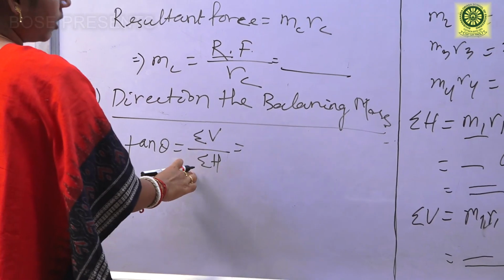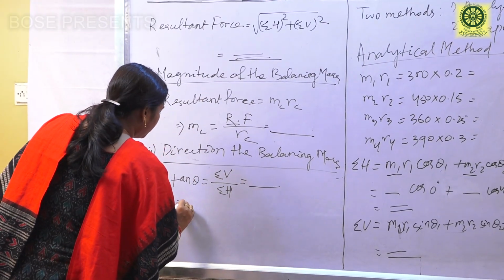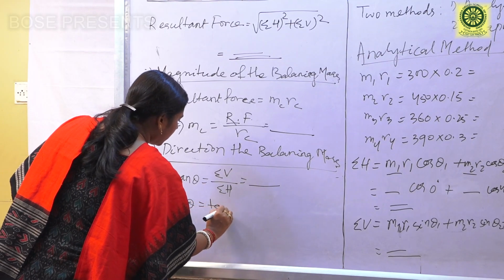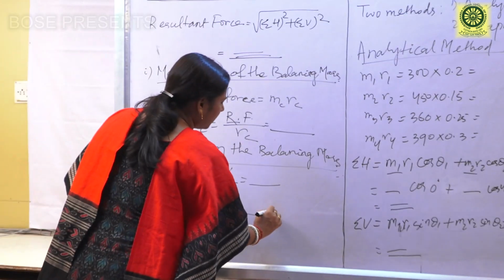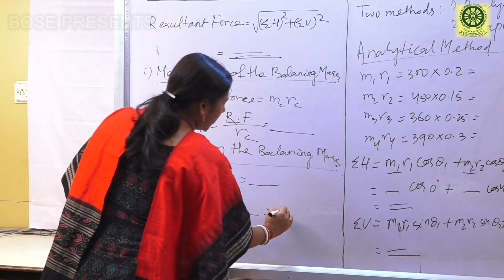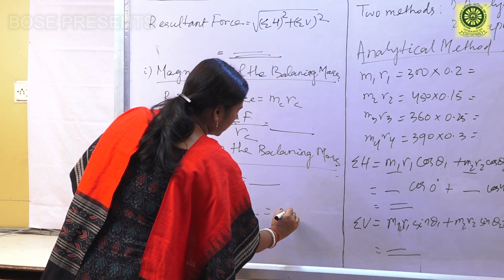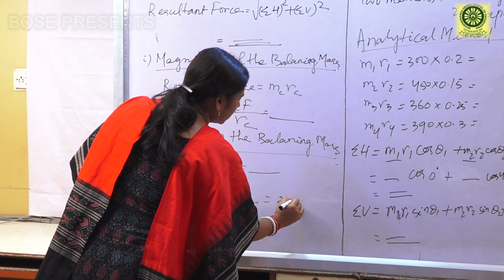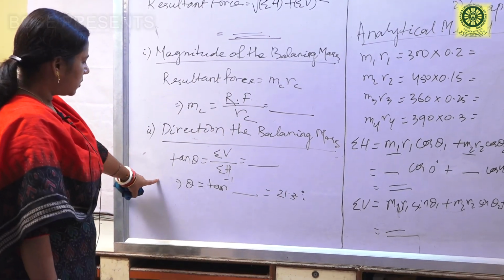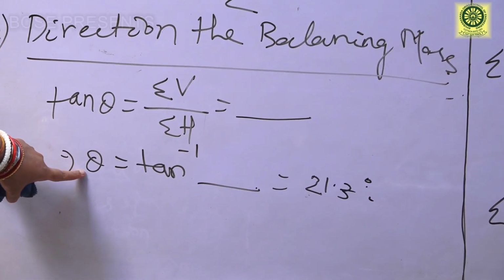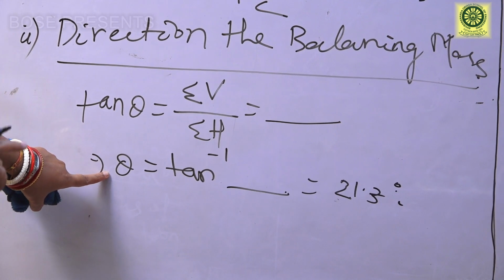So you put these two values, you will get the value of tan theta. That implies theta will be equal to tan inverse of this. As I remember, we will get this value, nearly 21 point something 3 degree. Okay. So this angle is the angle made by the resultant force with the horizontal.